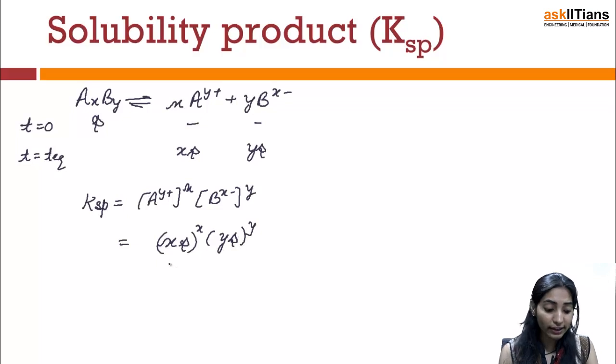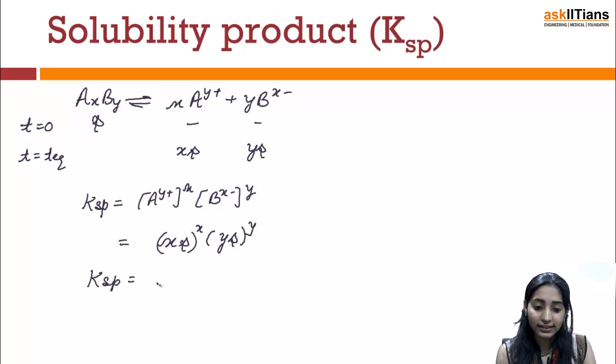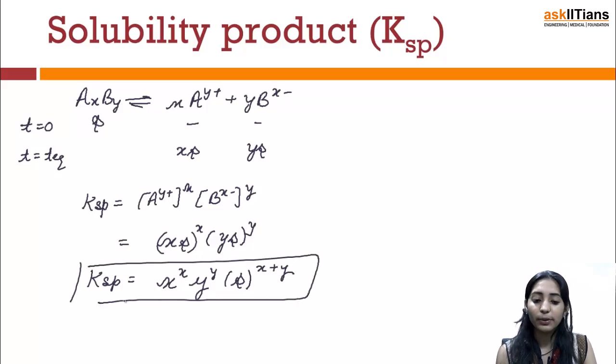And if I solve this further, the Ksp can be written as x^x y^y multiplied by S^(x+y). So this is the relationship between the solubility S and the solubility product Ksp.